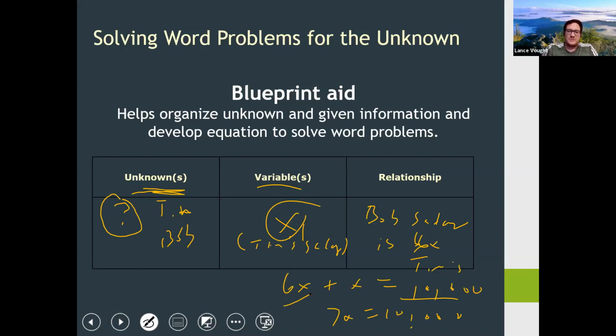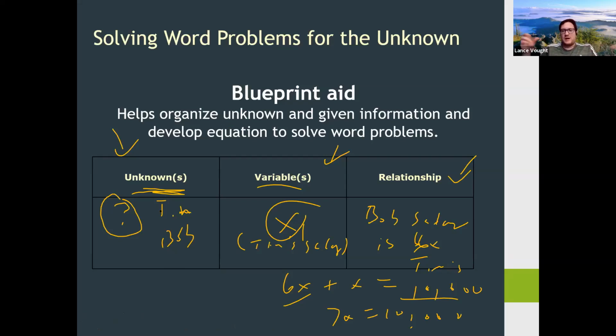Since we've defined Bob's salary as 6 times Tim's, then it's just 6 times whatever that is. So this is what you're trying to find out. This is the expression you're using for the unknown. And this is the relationship between the unknown and what you're trying to figure out. So that way you can organize the problem and then create an equation from that. And hopefully it's easier to read than what I just wrote on here.